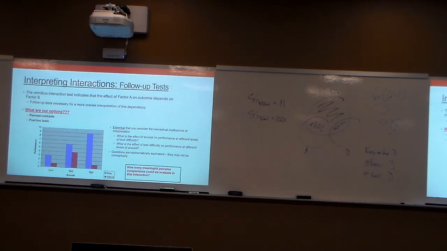I don't know if the difference is a product of task difficulty or arousal. It's not a meaningful comparison. So we've got 9 comparisons that make sense to look at, out of 15 total. If I tell SPSS to give me post hoc tests for this interaction, what's it going to do?